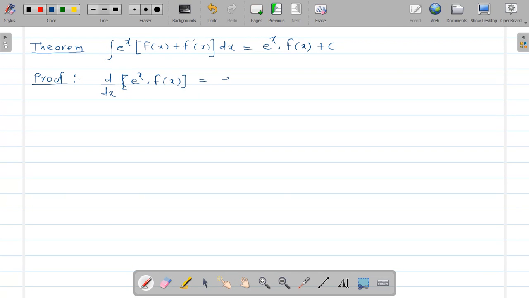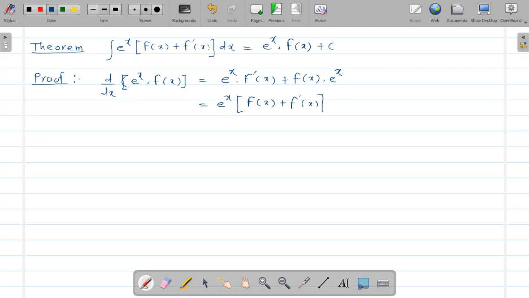So keep e raised to x as it is into derivative of f of x, which is f dash x, plus f of x as it is into derivative of e raised to x, which is e raised to x. Now what will you get? We get the derivative of e raised to x into f of x as e raised to x into bracket, by taking e raised to x common here, f of x plus f dash x.